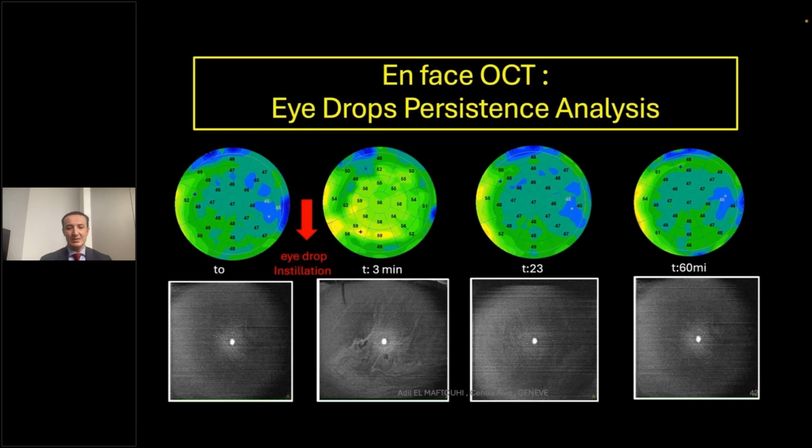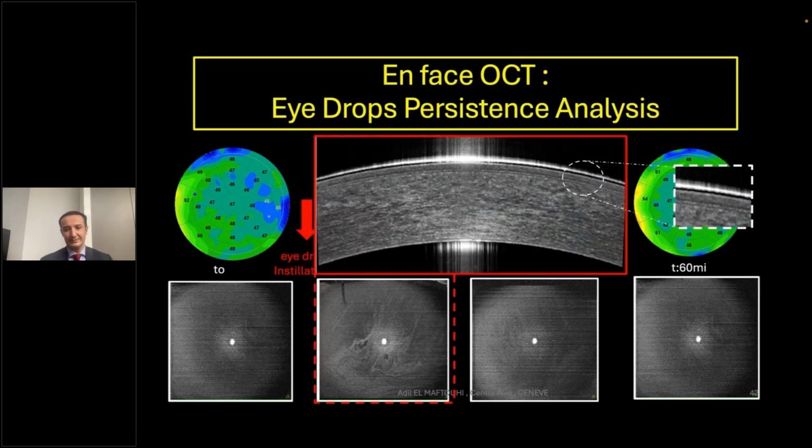Look, in this case, we put in the eye drops, and we can analyze and measure the epithelium changes back to the initial stage. And probably in the future, we will have some study based on the epithelium mapping and the clinical exam.